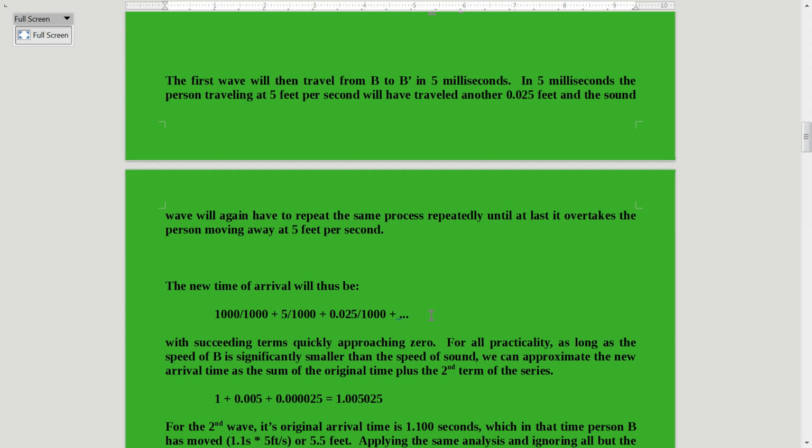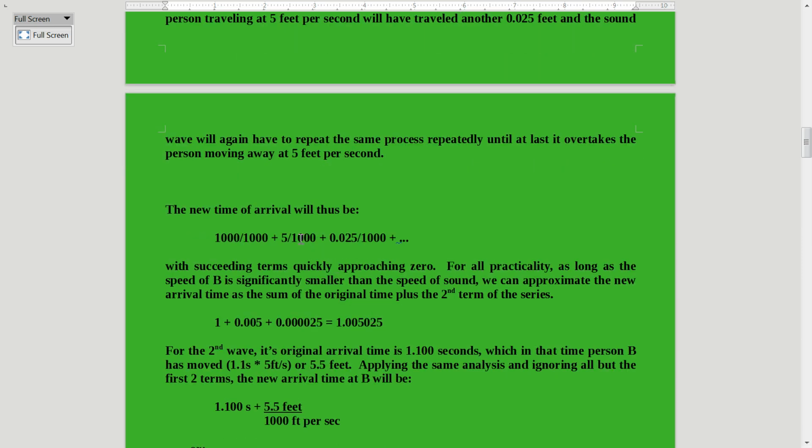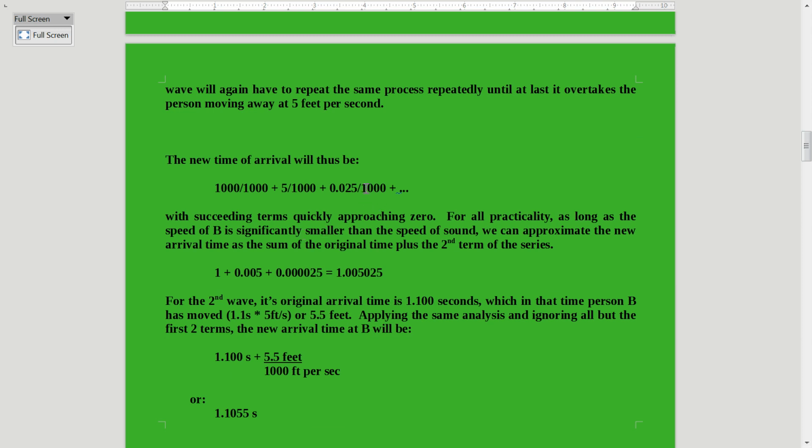And there's many more elements here, but all these things quickly go to 0, and essentially for our purposes we can eliminate it to the first two terms, which would be the 1,000 feet or 1 second and the 5 feet or 5 milliseconds. So if you wanted, we can take it to the third term. If we add all those up, we'll get 1.005025 seconds at the point where sound overtakes the recorder. Okay?